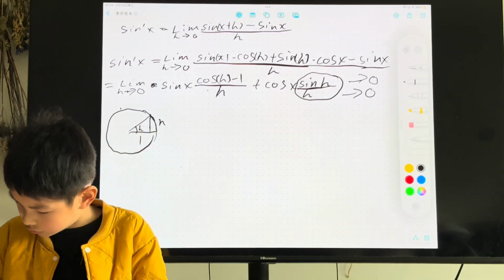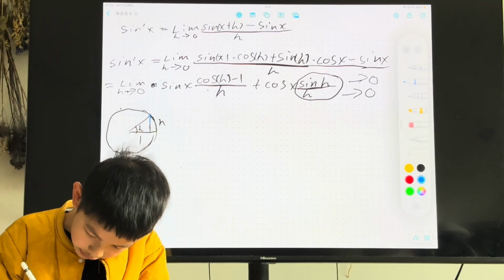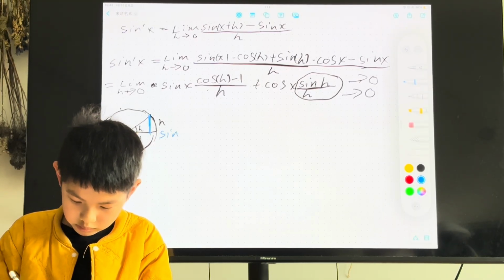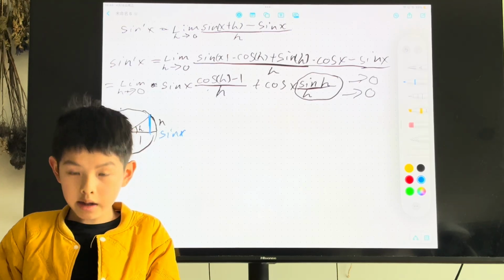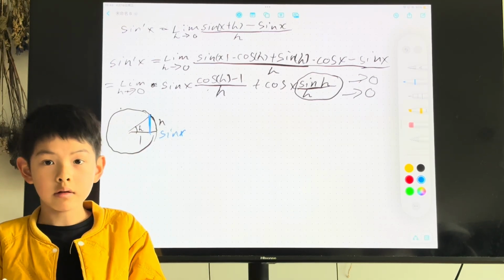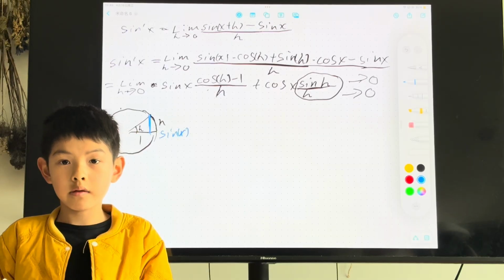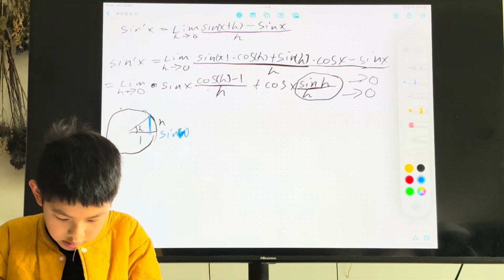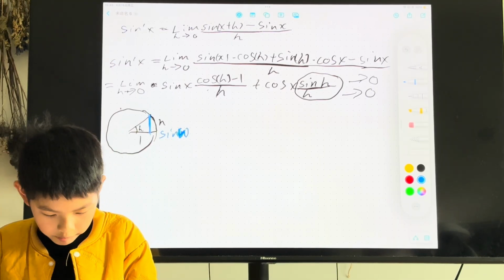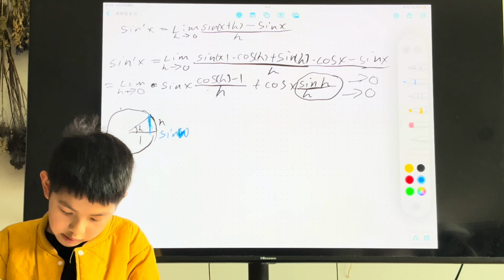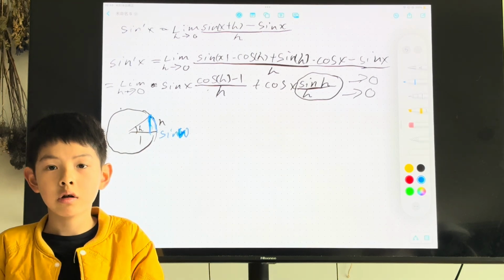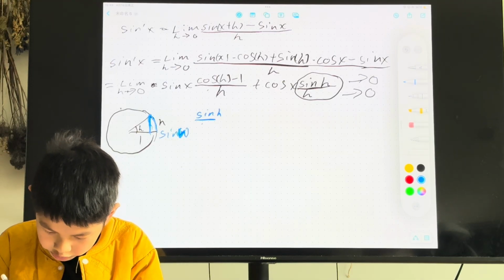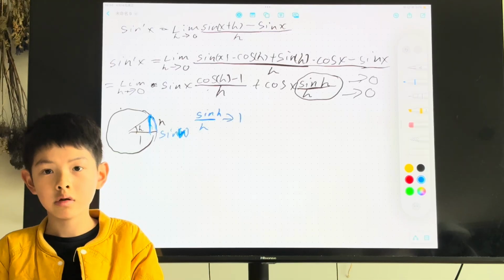Here, where I've drawn the blue line, is sine of h. And as h gets smaller and smaller, the sine of h gets closer and closer to the arc. So sine of h divided by h gets closer to 1.